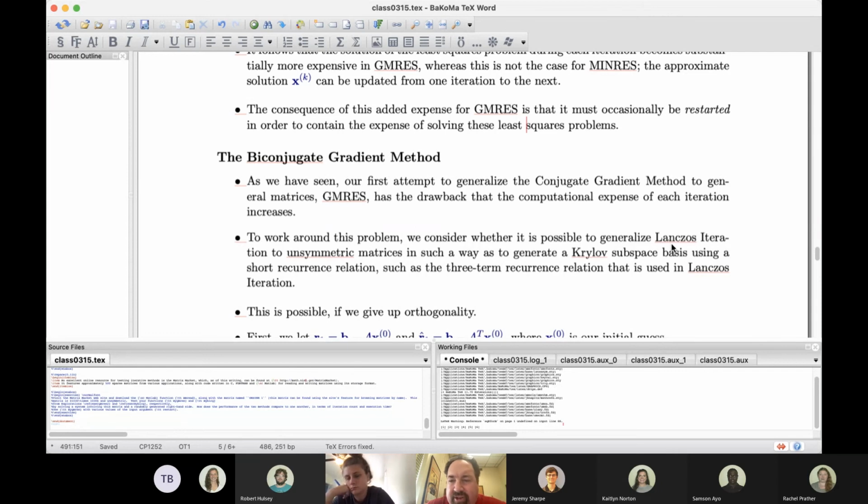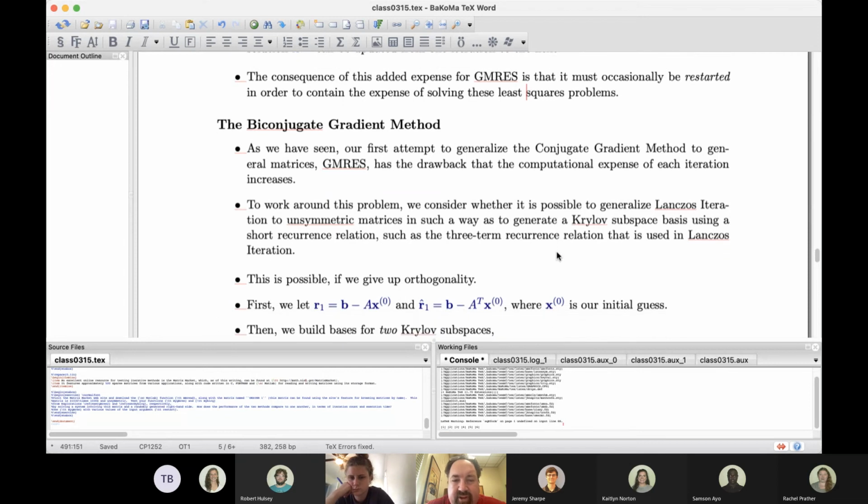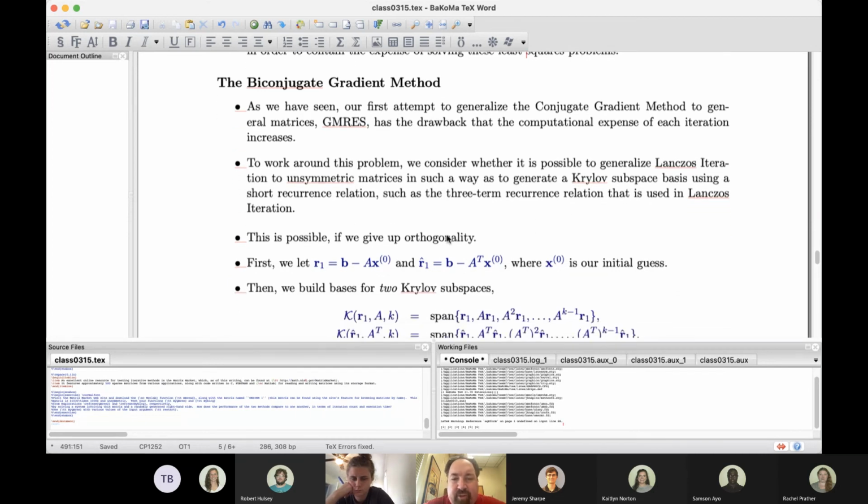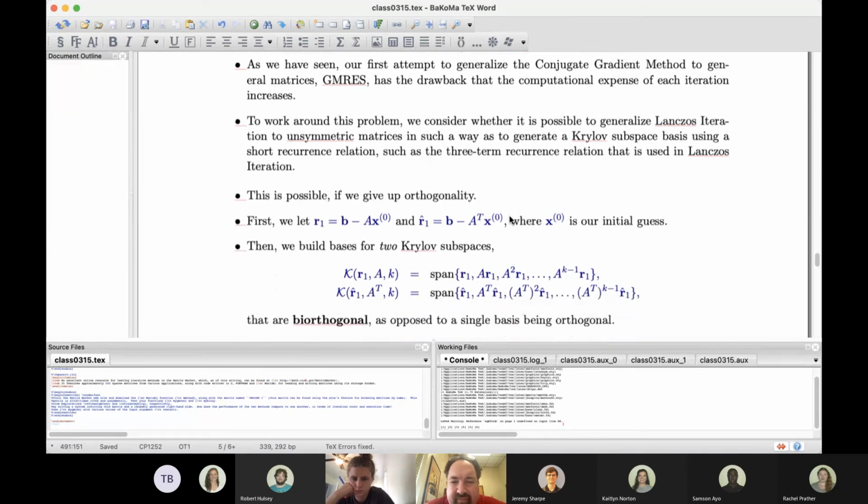Now, Lanczos iteration doesn't have that problem. It generates each new vector from the previous two. So is there a way to do the same thing in the case where matrix A is not symmetric positive definite? And the answer is yes, if you give up orthogonality. So there has to be some kind of sacrifice here.